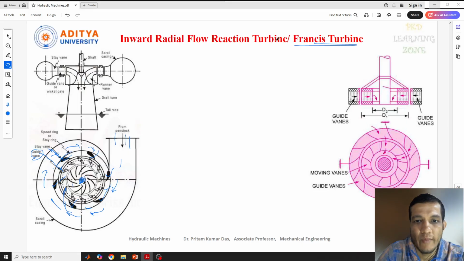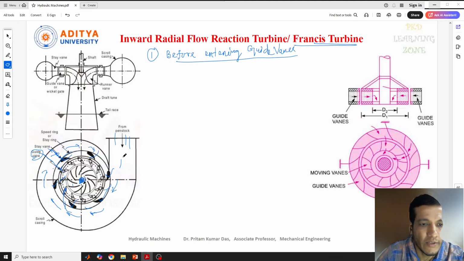In the Francis turbine, first we can say that before entering the turbine, or you can say before entering the guide vanes. In this, as I told you, these are the guide vanes. This is our guide vanes part.